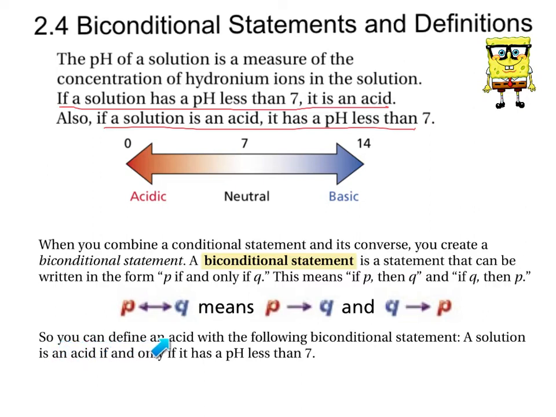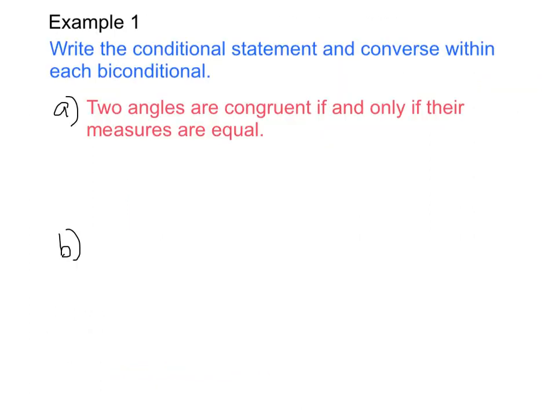You can define an acid with the following biconditional statement: a solution is an acid if and only if it has a pH less than 7. So rather than saying the conditional statement and its converse, we can write it as one statement, which is called the biconditional statement. A solution is an acid if and only if it has a pH less than 7.